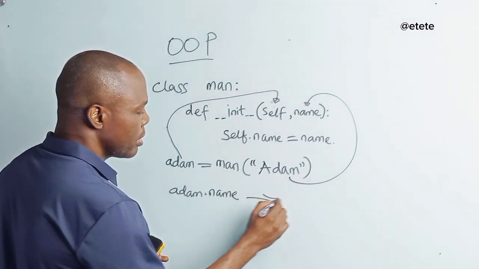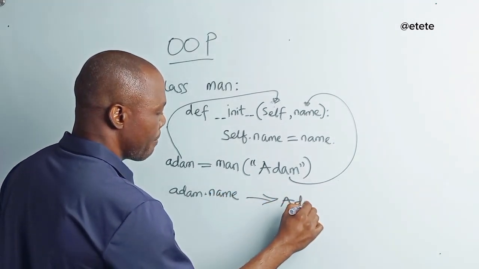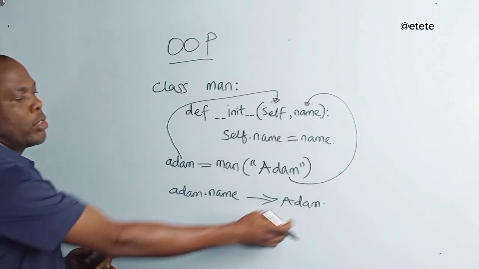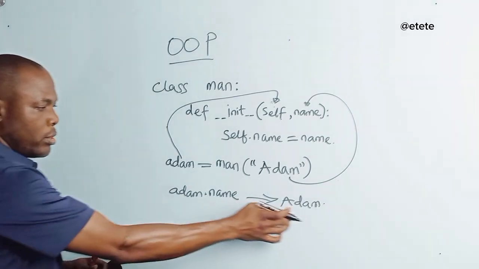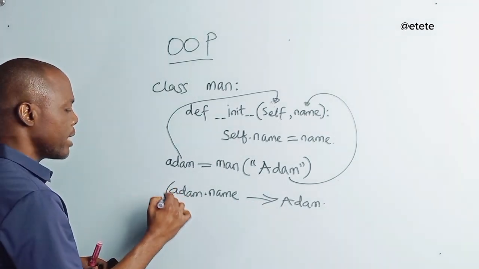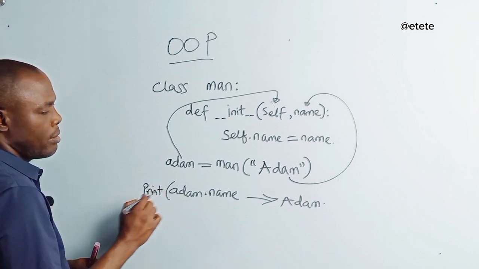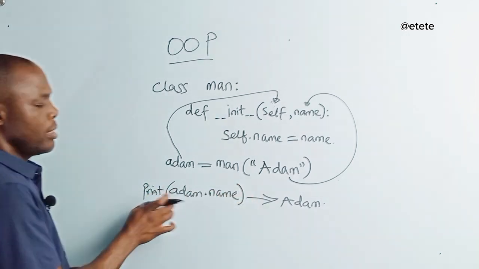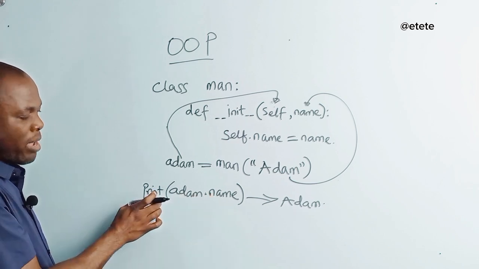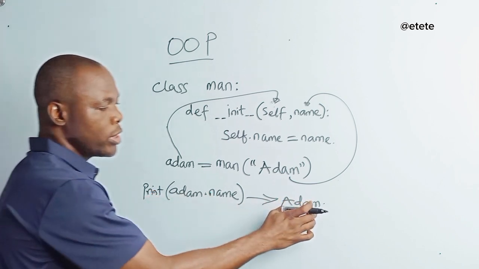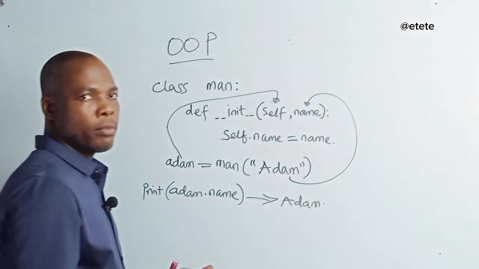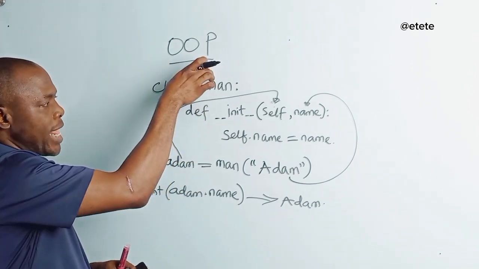This will give me Adam. This will give me this. But you won't see it on the screen unless I say print this. So I will supply whatever this returns to my print function. And then you will see it on the screen as what? Adam.